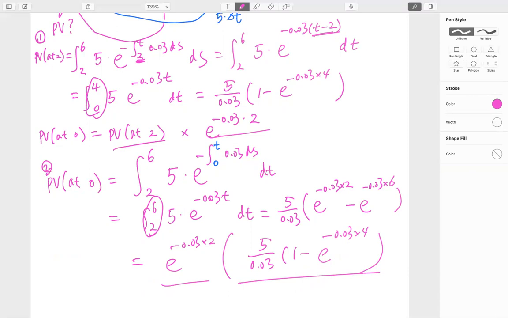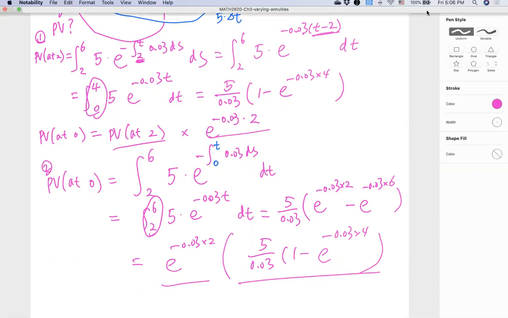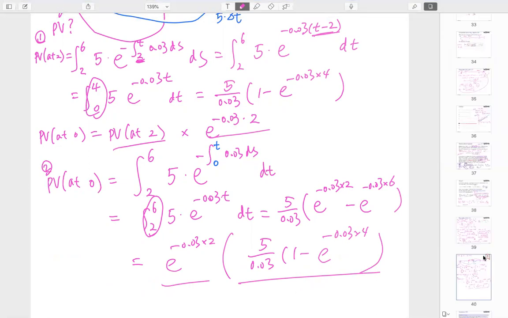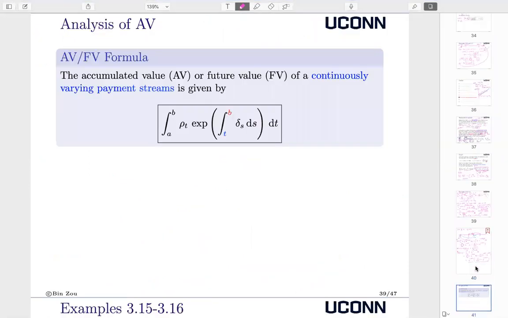That's what we have for the present value. Now for the accumulated value, basically what you do is you still figure out the payment, which is rho t dt. When I draw the timeline, here is t, here is t plus dt.